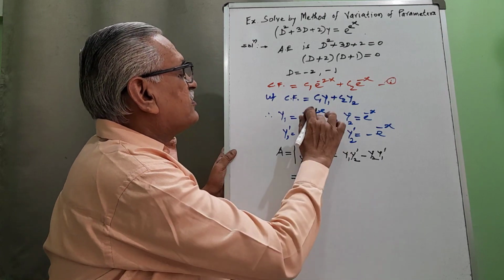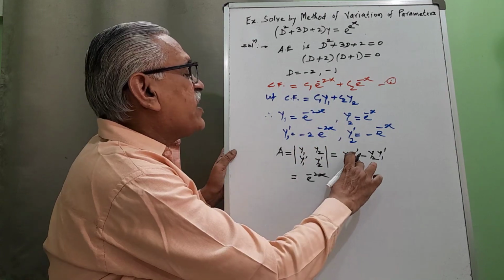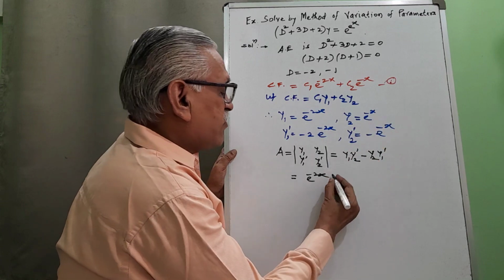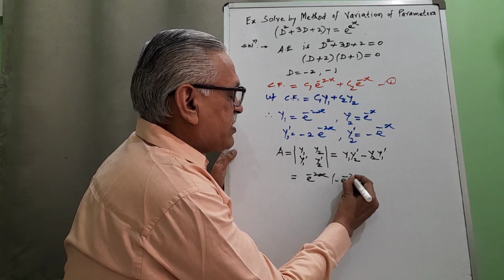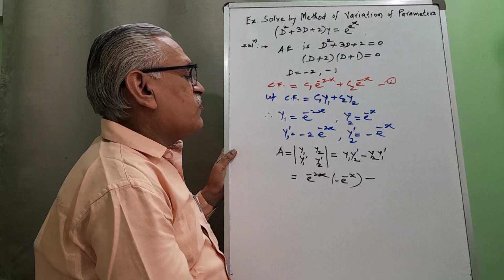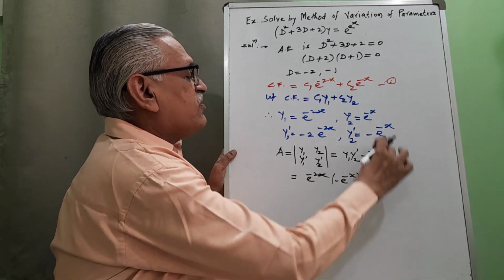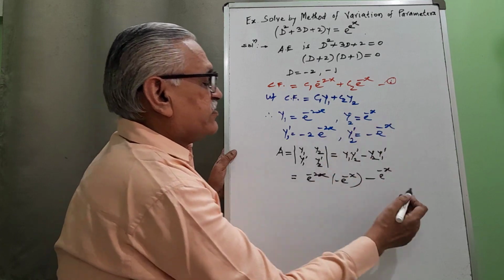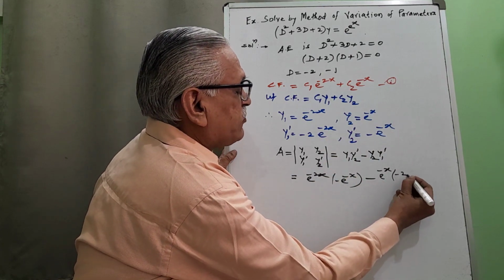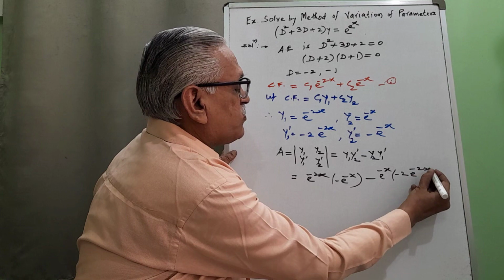y1 is e raised to minus 2x, y2 dash is minus e raised to minus x, minus y2, e raised to minus x, and y1 dash, minus 2 times e raised to minus 2x.